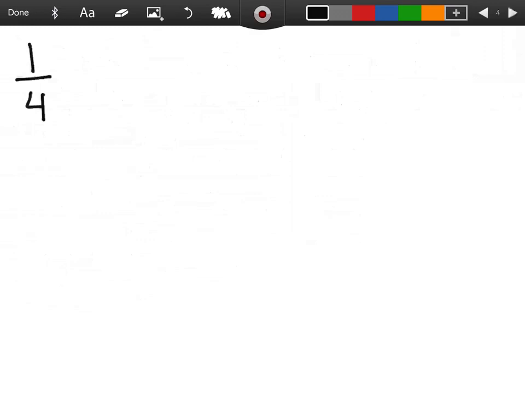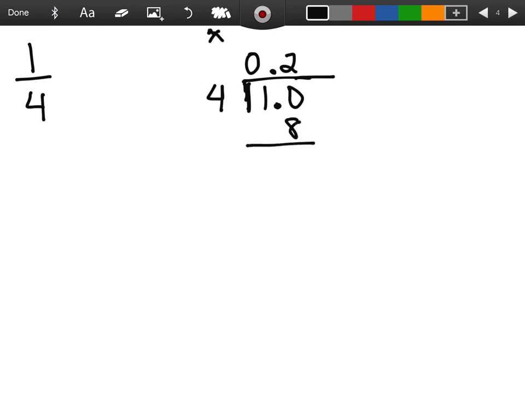Okay, let's do another one. 1/4. Again, some of these you may have memorized, which is fantastic. So let's do it. 1 goes inside. 4 goes on the outside. I already know that I'm going to have a decimal here. Raise it up to the top. Add my 0. 4 goes into 10 2 times. There's my placeholder, remember, because 4 into 1 is 0. So 2 times 4 is 8.